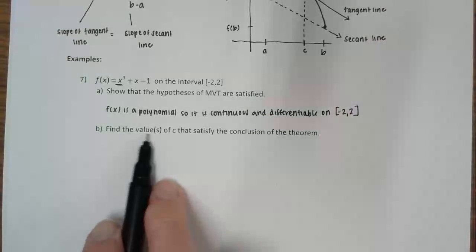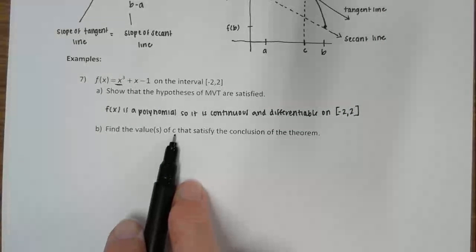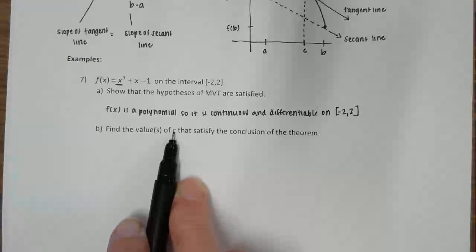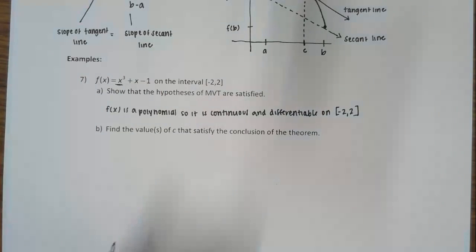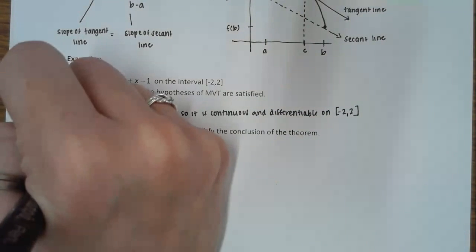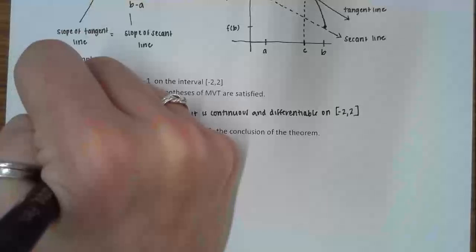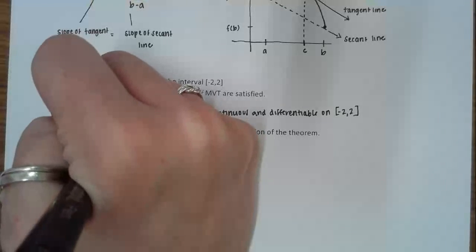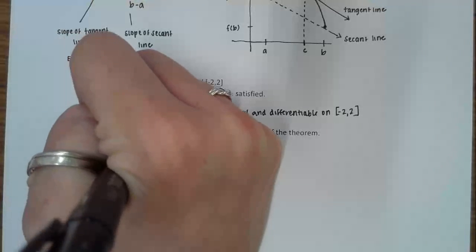So then I want to find, well, what is that value of c, or that x value, where the slope of the secant line is the same as the slope of the tangent line. So you can do this in any order. Usually I'll do the slope of the secant line first, but you can also calculate the slope of the tangent line if you want to.